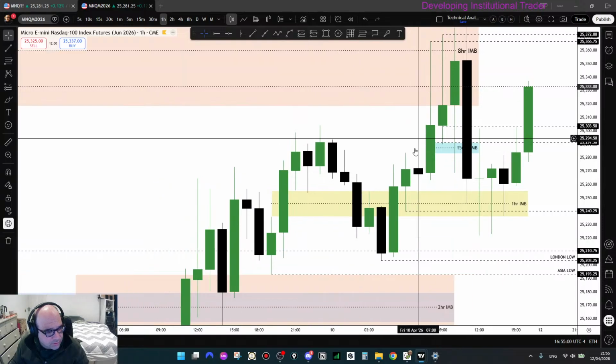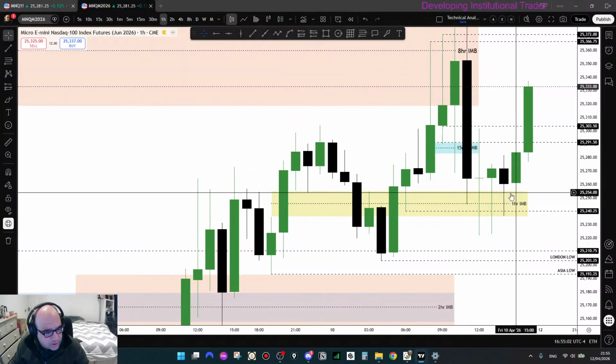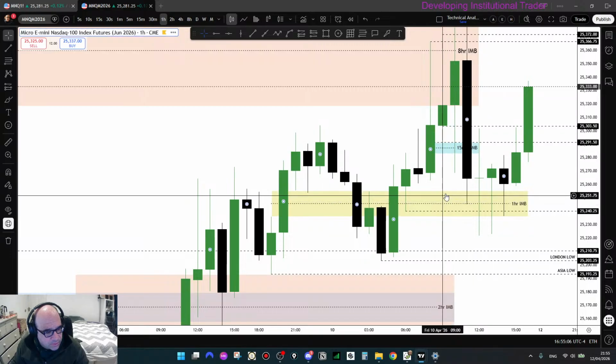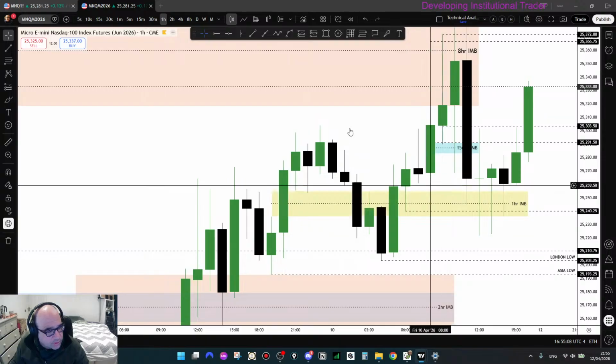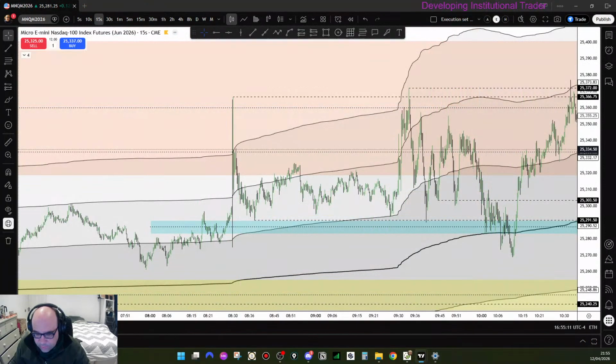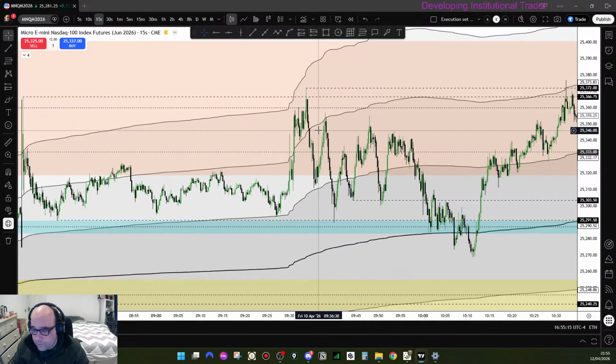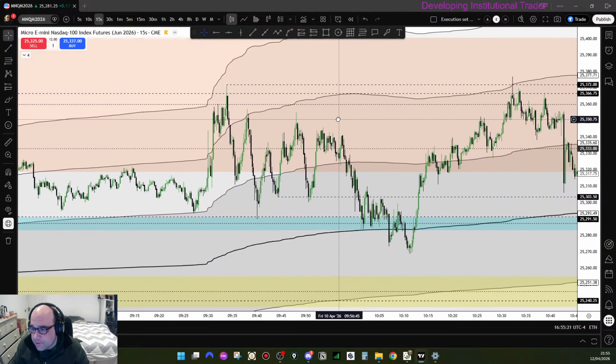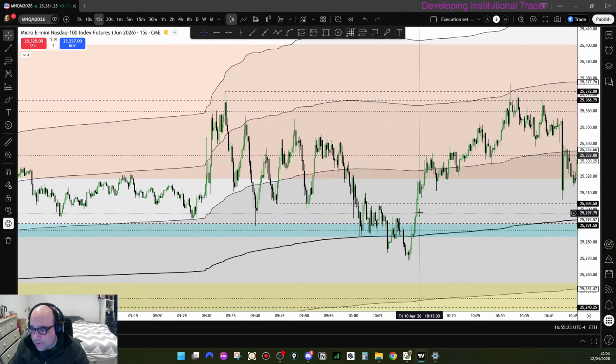Okay, those zones, I draw them during my prep. So let's go back to my execution chart. Okay, so we have these imbalances. These work like guides where we should see the market hold or reverse.